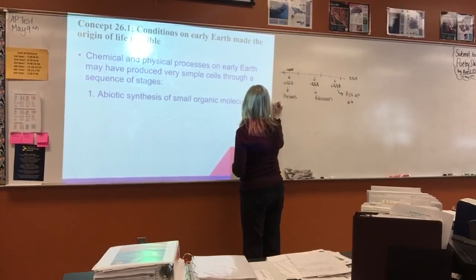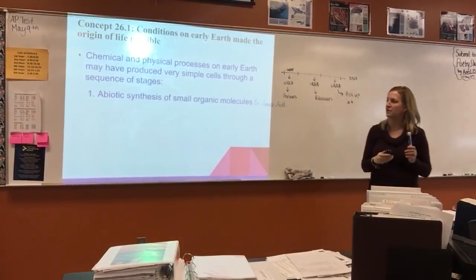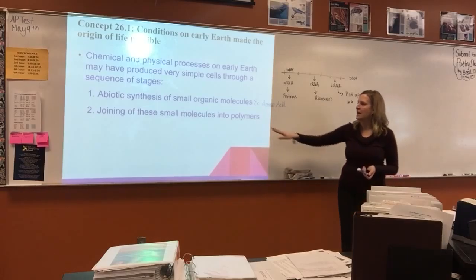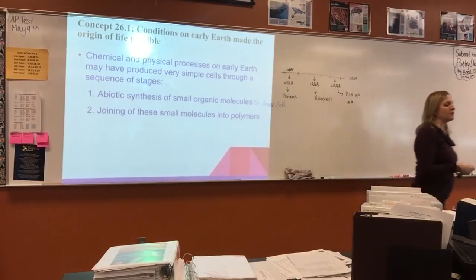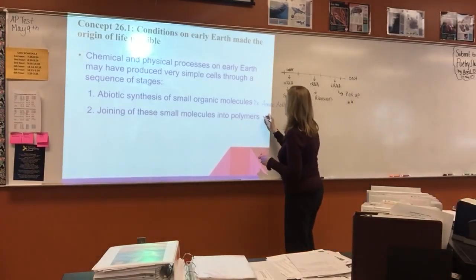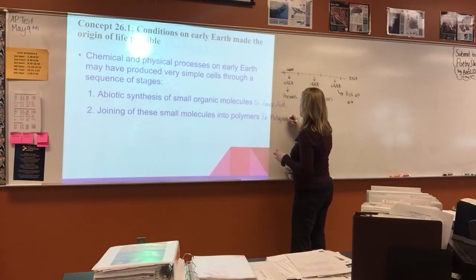Then the organic molecules have to join together into polymers. If we make a polymer from amino acids, what would the polymer be? A polypeptide, which could eventually form a finished protein.